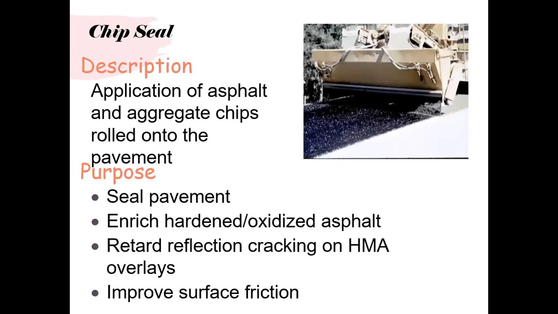There comes the chip seal. It is an application of asphalt and aggregate chips rolled into the pavement. The purpose is to seal the pavement, enrich hardened oxidized asphalt, retard reflection cracking on HMA, and improve surface friction.